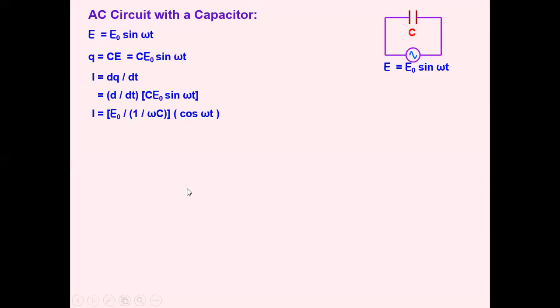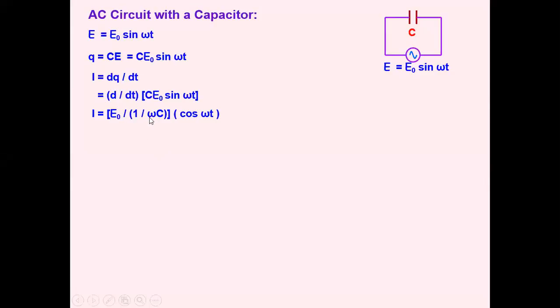after differentiating, we get the expression C into E naught into omega into cos omega t. This is the actual expression after differentiation of charge Q, and thereafter we have to write it in the format of EMF divided by resistance.